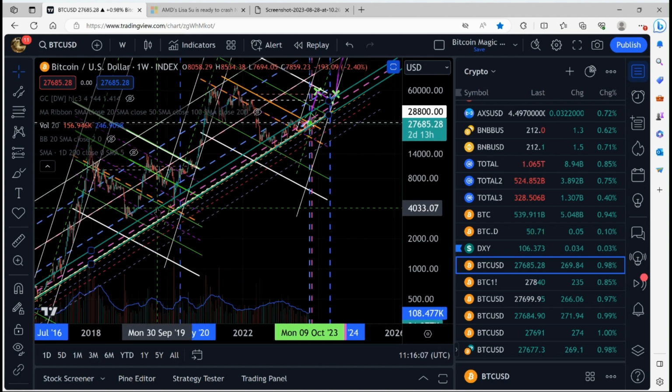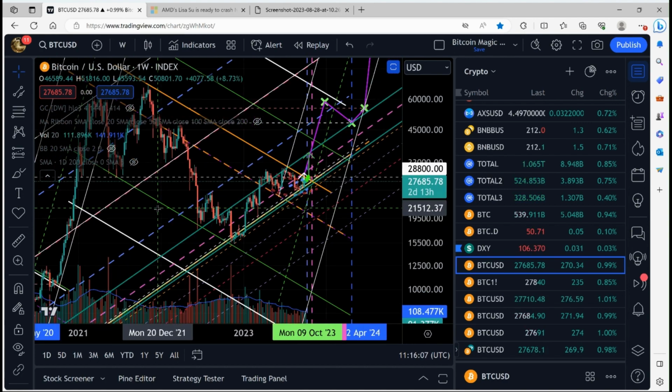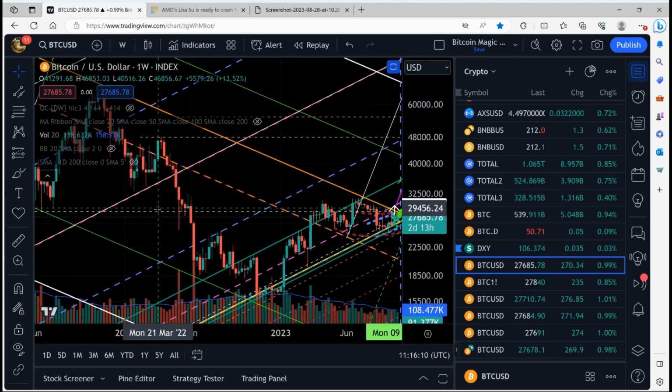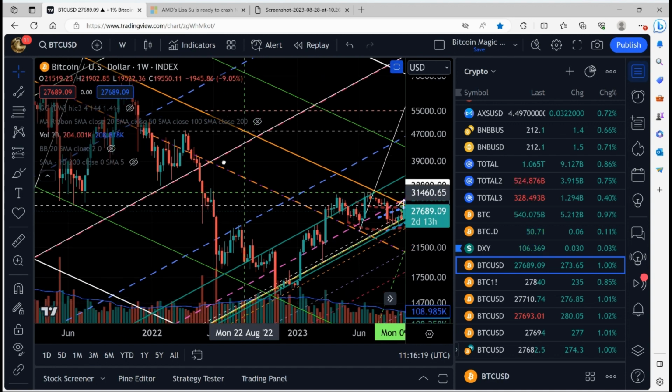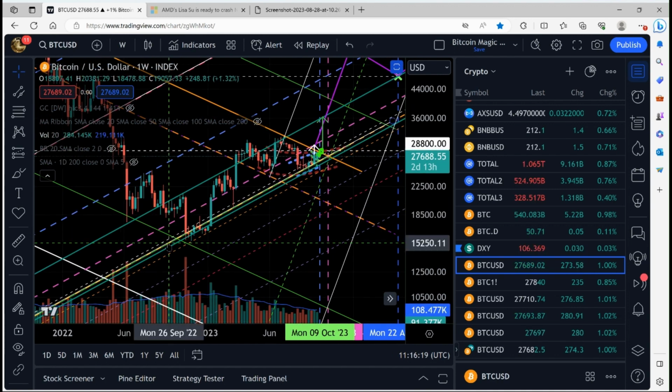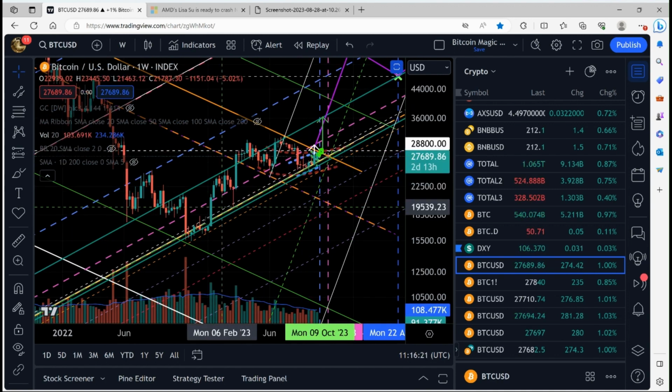So where are we at now? We're right here. And basically, let me turn the automatic off here. Basically, we've been scooting along the bottom of this trend line.